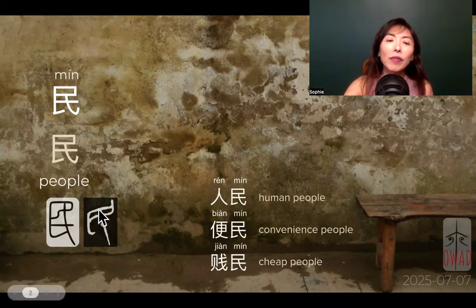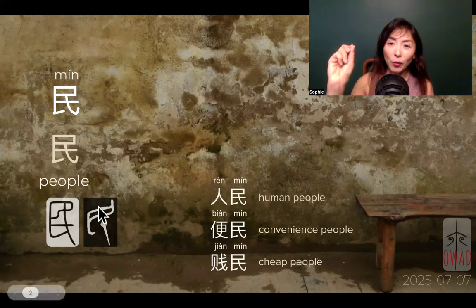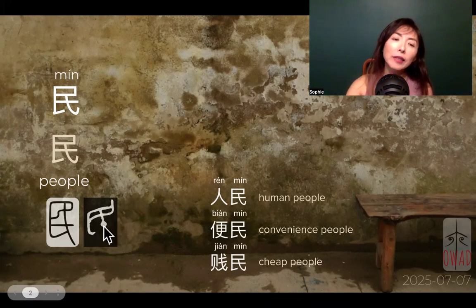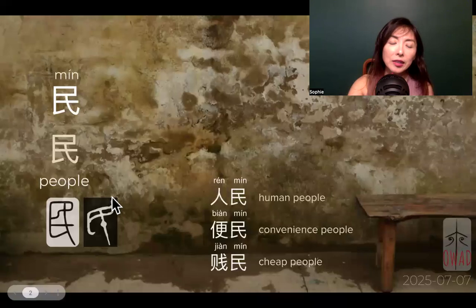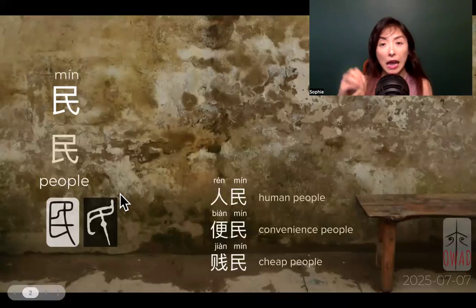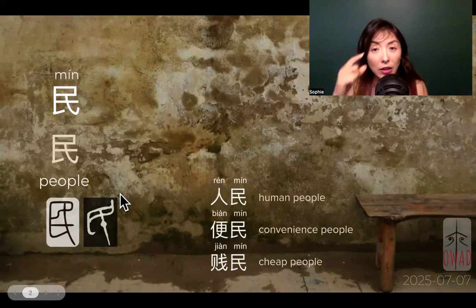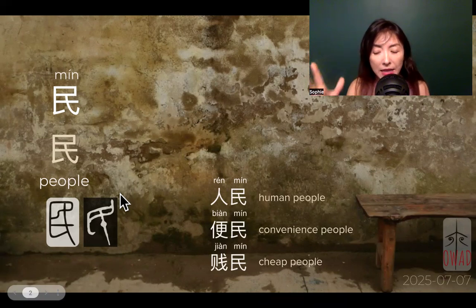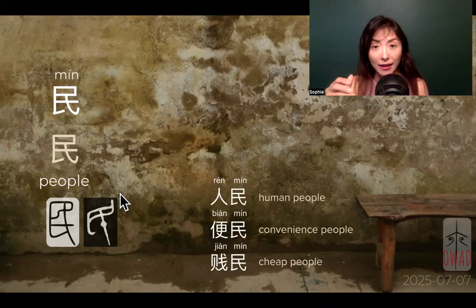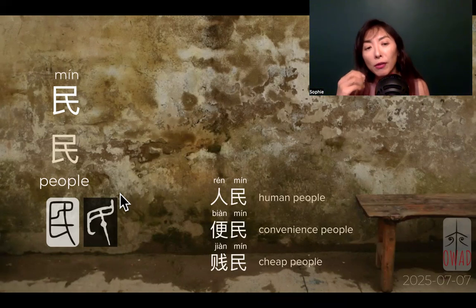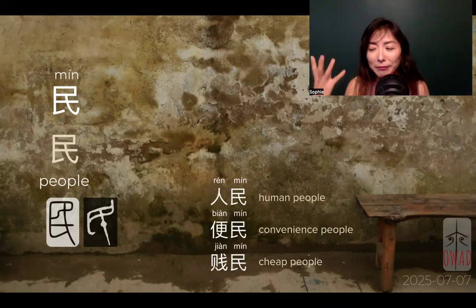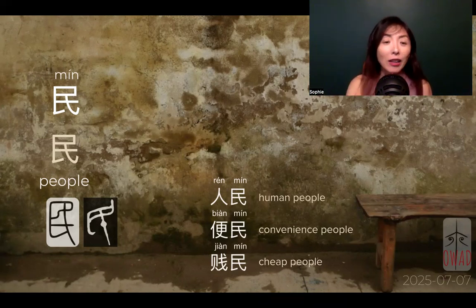So this diagonal line with a dot in the middle here, if we take that out, the remaining structure is an ancient way to depict a human eye. And we all know the eye serves a huge function in human cognition.